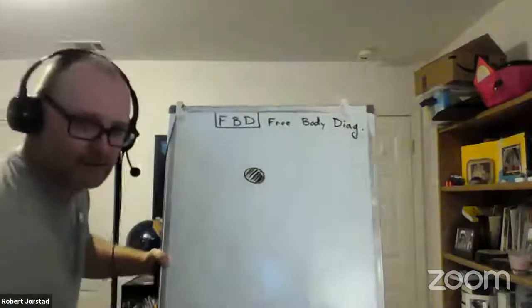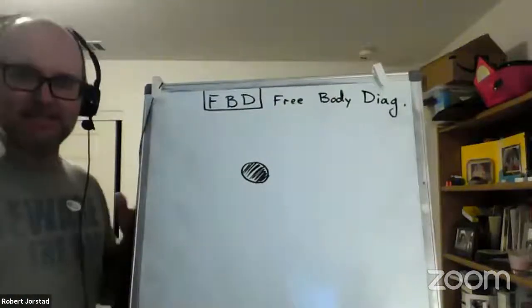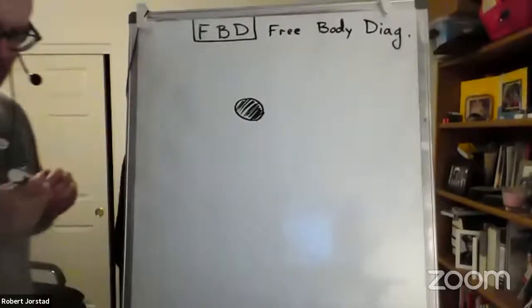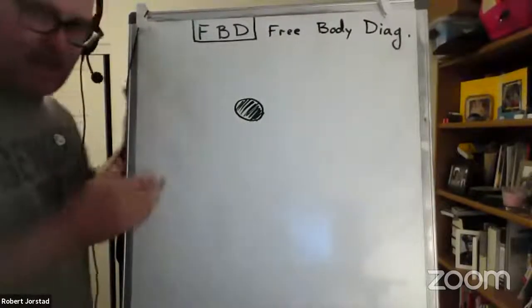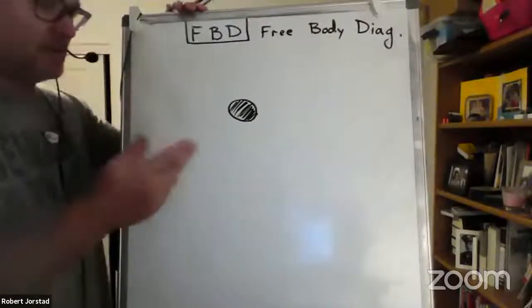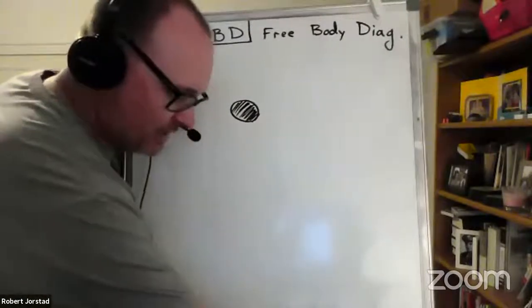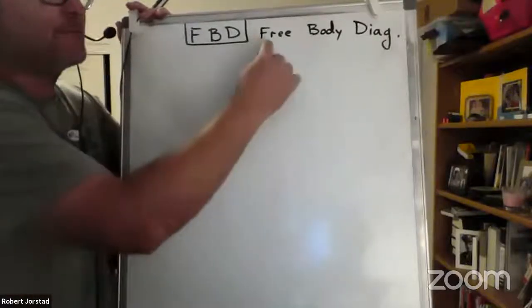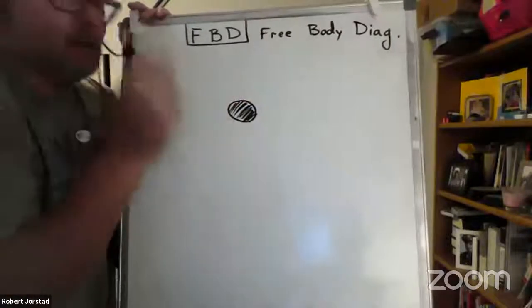The whole point of an FBD is to make the picture less confusing. Instead of drawing the elevator, the scale, the string, the taco that's on the floor, the used gum wrapper, all we're doing is drawing the one body all by itself. It's a free body. It's all by itself.